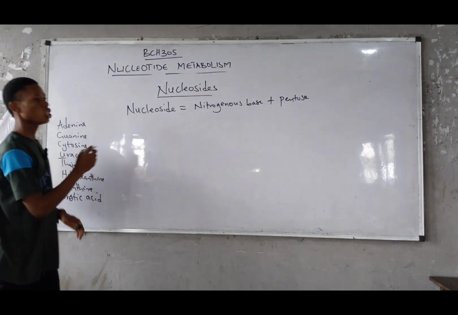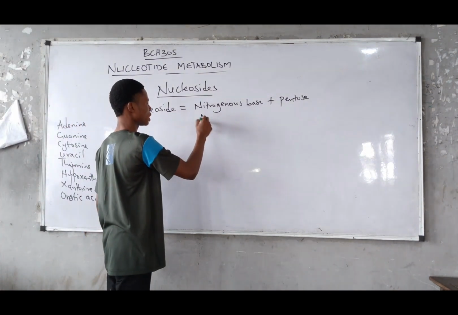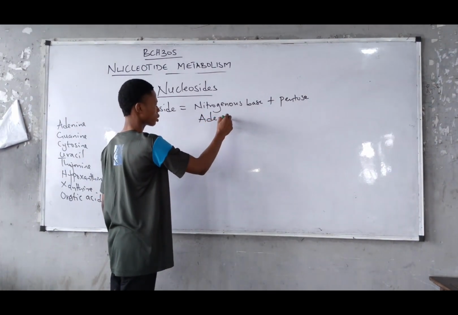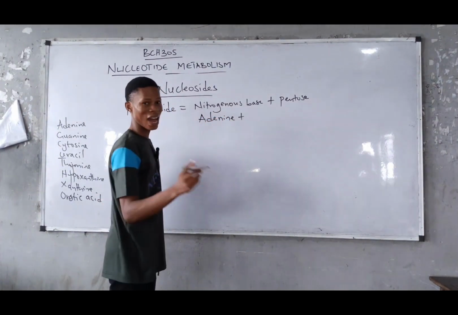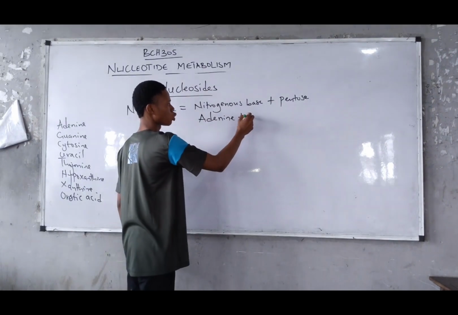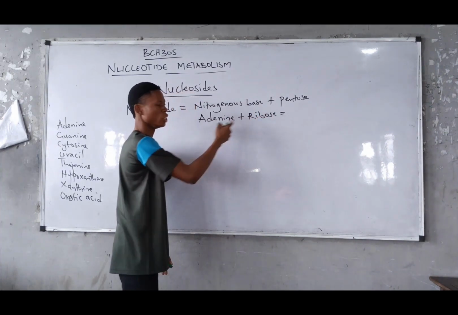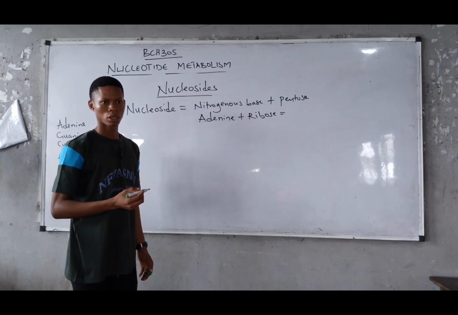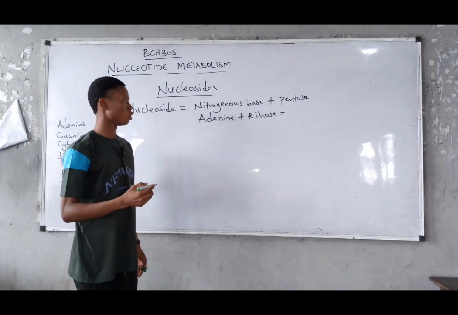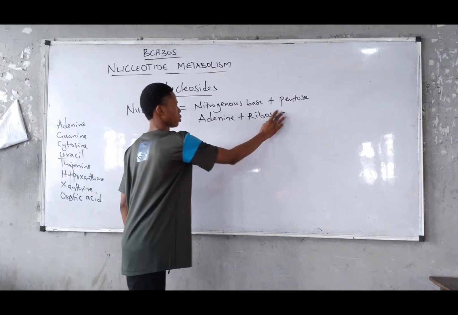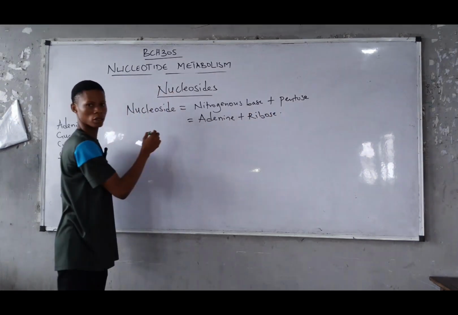All right, now, if the nitrogenous base is adenine, and you add a pentose sugar, let's say ribose, what will be the name of the nucleoside?